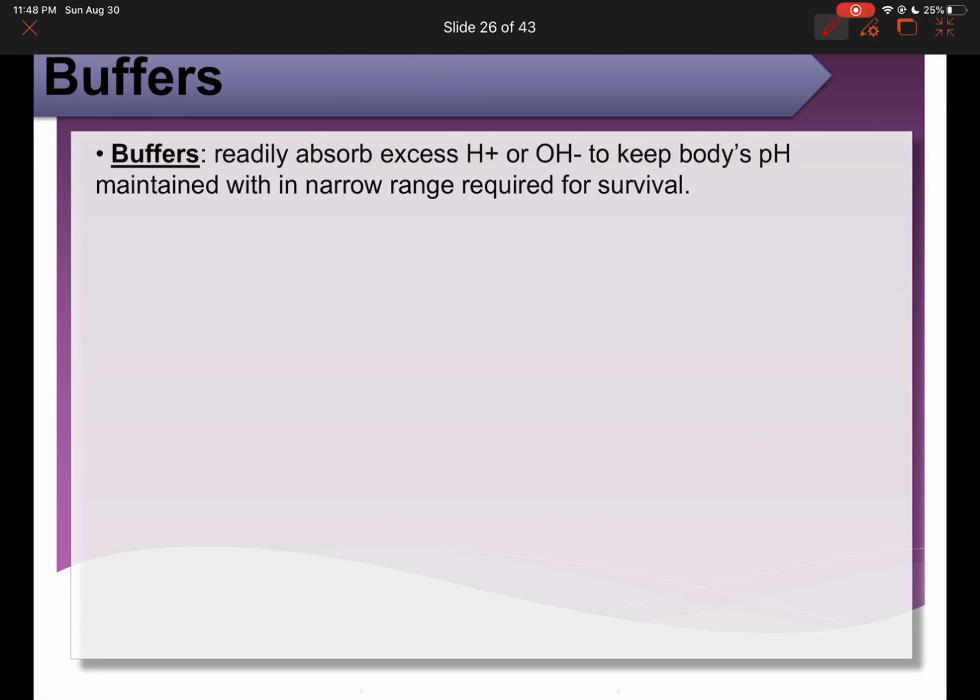Now, with the concept of changing pH values in a solution comes the concept of what a buffer can do. A buffer is a solution with chemicals that can readily absorb excess hydrogen ions or excess hydroxide ions to keep the body's pH maintained within a very narrow range that is required for our survival.